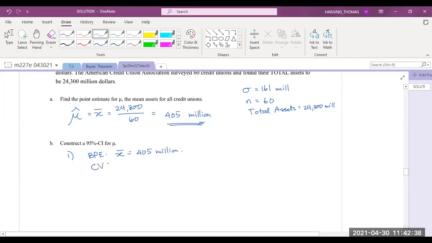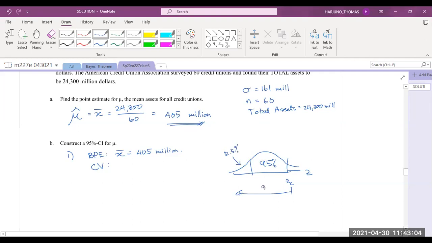The critical value: we know the population standard deviation, right? So we will use the standard normal, with 95% in the middle. We need to find the critical value. So the area to the left of that is 95 plus the remaining 5% divided by 2 tails.